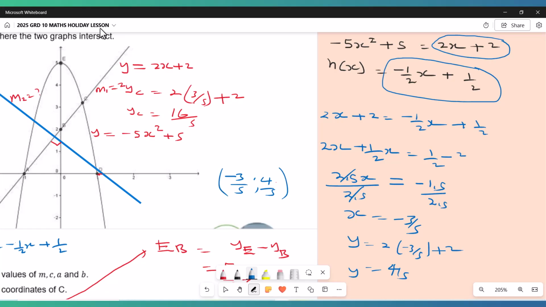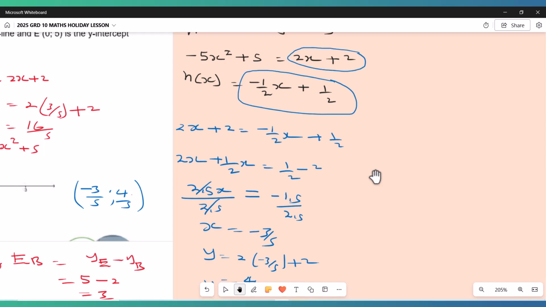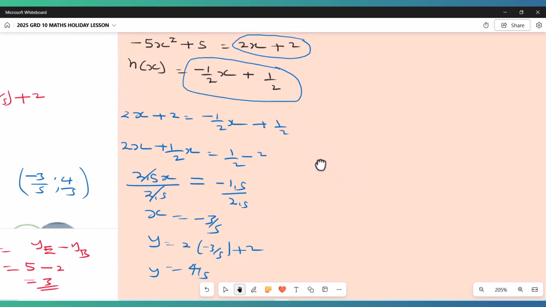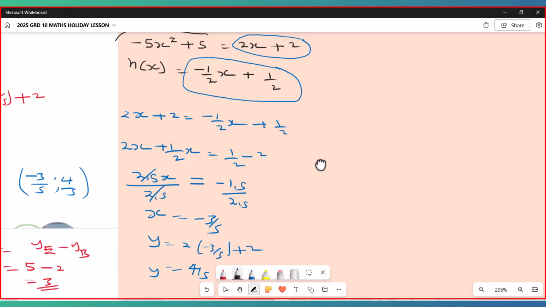Now, meeting the parabola here, I'm going to equate this function to this other one. Check it out. I'm going to equate the h of x to the parabolic function. So here, my parabola is this one here, and this is my h of x.